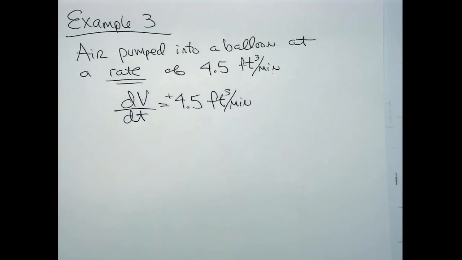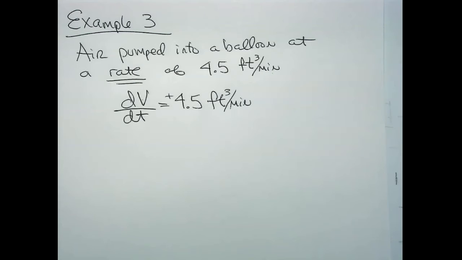And that seems pretty reasonable for inflating a balloon, because whether it's a pump or you breathing into the balloon, more or less going to provide a constant volume of air into that balloon. I know that as the balloon gets larger, it might be harder to inflate the balloon, and maybe dV/dt goes down a little bit. But a pump generally can do this. It'll pump in 4.5 cubic feet per minute the whole time through until the balloon pops, I guess.